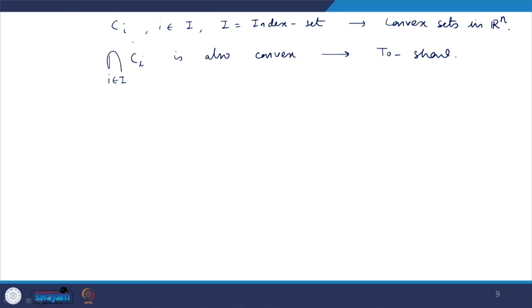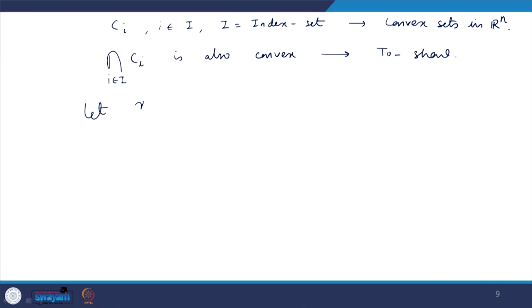So, in order to show that this set is convex, you take any two arbitrary points in this set and try to show that the convex linear combination of those 2 points is also in the same set. So, let x and y belong to this.